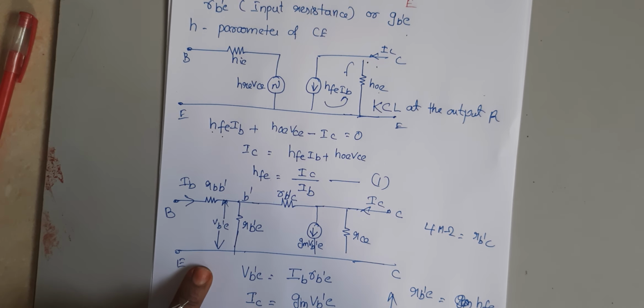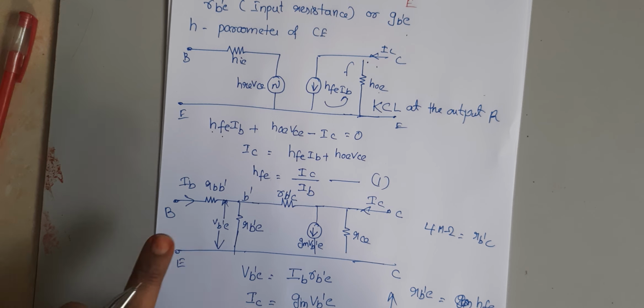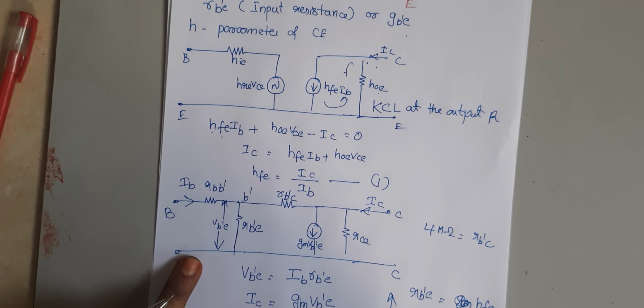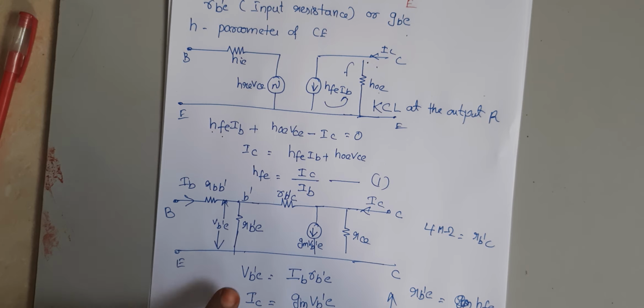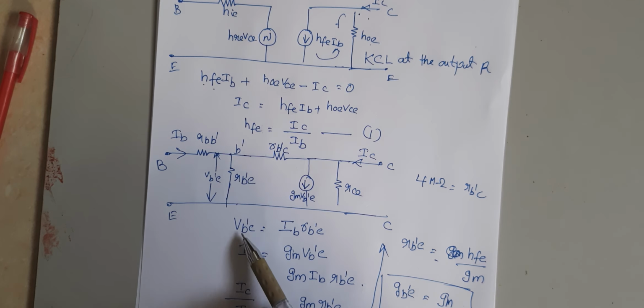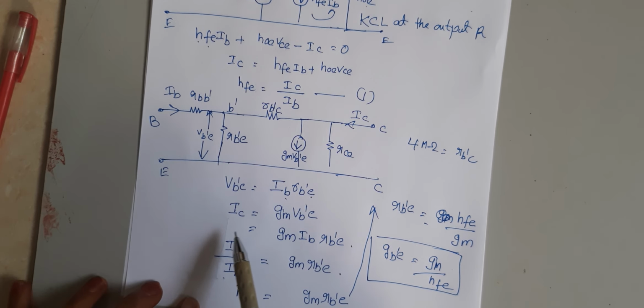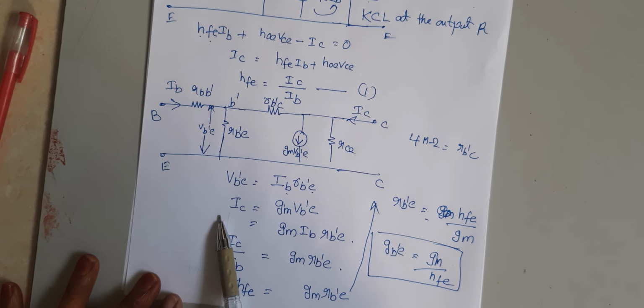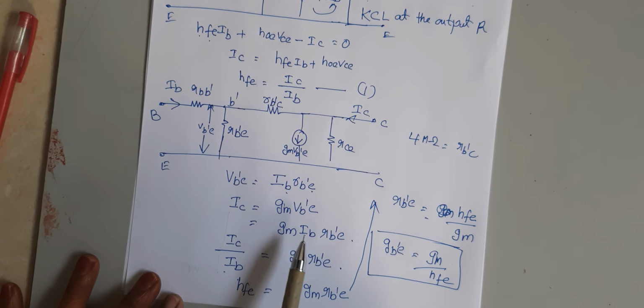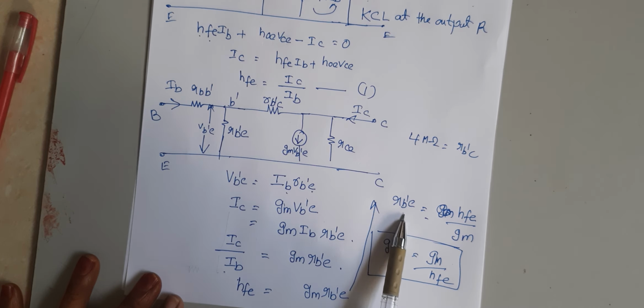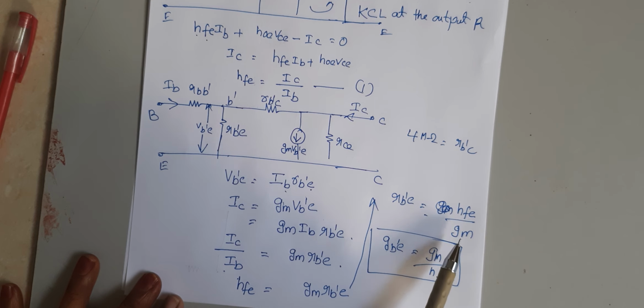After that we draw the hybrid pi model of CE configuration by neglecting the capacitive elements. So this is the derivation. Here VB'E is equal to I into R, meaning IB into RB'E. Again IC is equal to GmVB'E, so Gm into IB into RB'E. IC by IB is equal to HFE, so HFE is equal to Gm RB'E. So finally RB'E is equal to HFE by Gm.